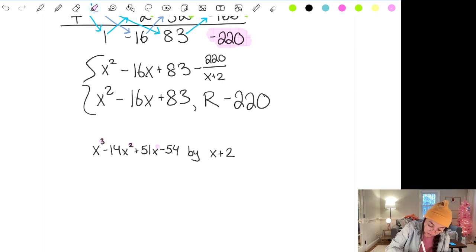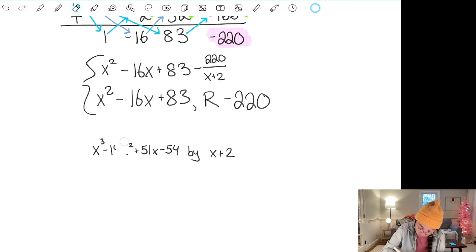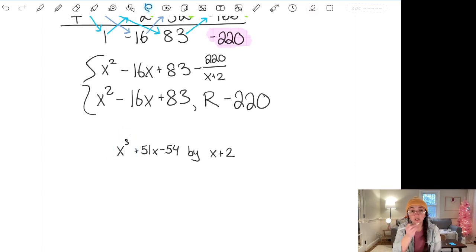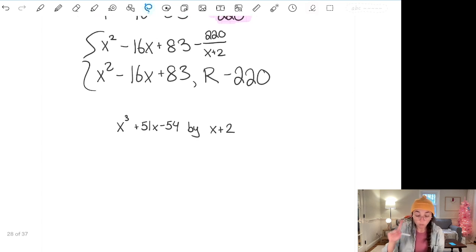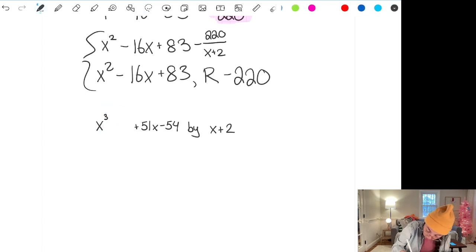Let's erase this. What if we're missing x squared? It goes from x cubed to x. Well, what we have to assume is that this goes like this: 0 x squared. 0 times x squared is 0, so it kind of goes away.